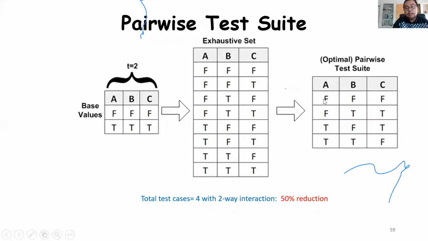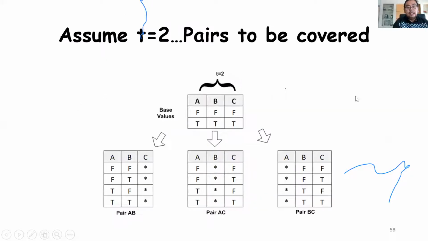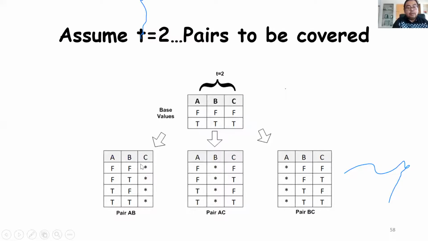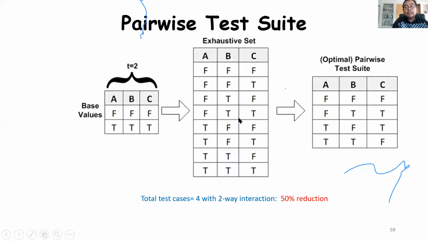FF, FT, TF, FT. You cover all the pairwise ones, meaning we've covered. If I use FFF, I cover AB, I cover AC, I cover BC. If you follow this, this is the most optimal test suite that I want to do for this one.